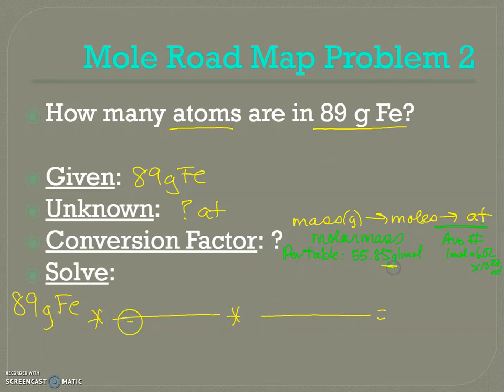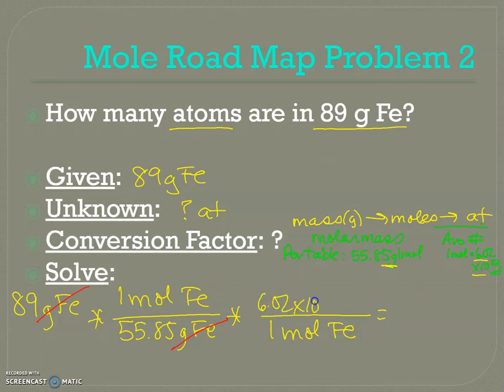I put 55.85 grams of iron on the bottom, 1 mole of iron on top, and I cancel out grams and grams. Then to cancel out moles, I put 1 mole on the bottom, and I put 6.02 times 10 to the 23rd atoms of iron up top. What that does is cancel out moles, gets me to atoms, which is exactly where I want to be.